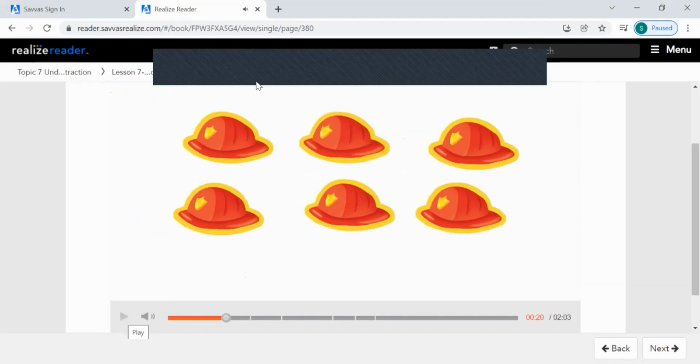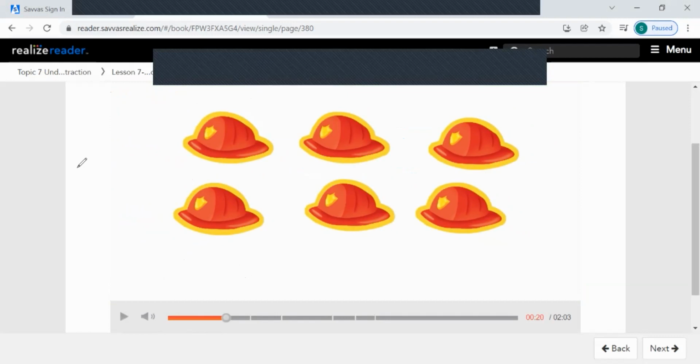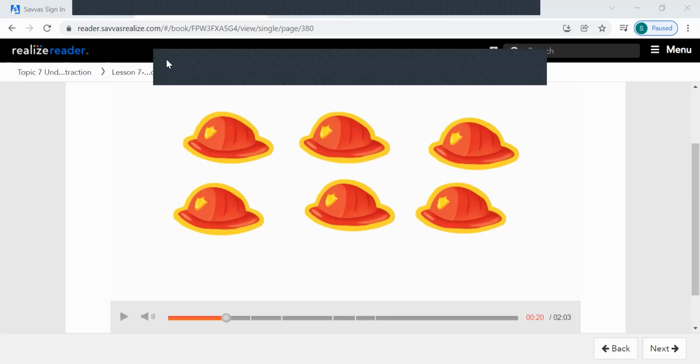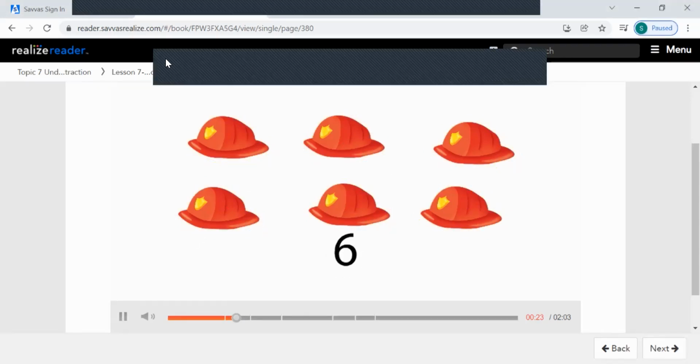All right, let's count the fire hats. 1, 2, 3, 4, 5, 6. There are 6 fire hats in all.